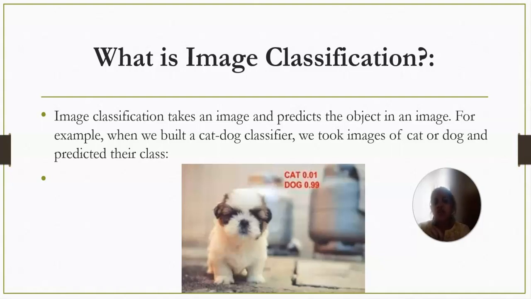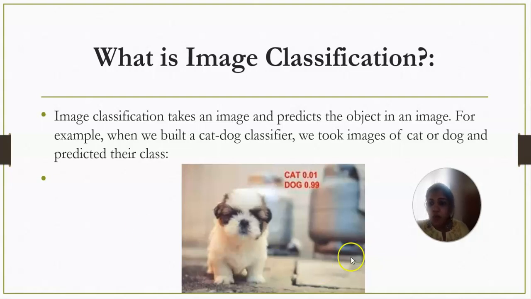So our aim is a cat-dog classifier. So the answer given by the classifier is dog with 99%. That is, 99% our architecture or algorithm says that this is a dog, and only 0.1% otherwise. So it's obviously a dog. The classifier classified it as dog.